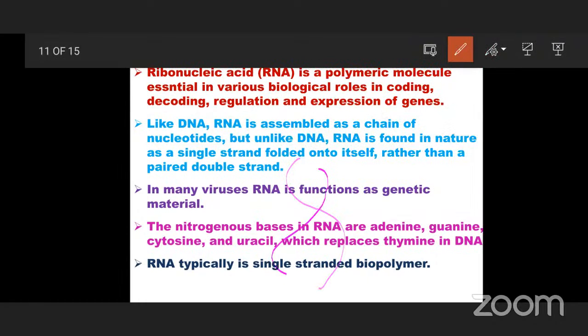DNA is present in a double helical structure, but RNA is present only as a single strand, which folds itself to appear like a pseudo helical structure. Basically RNA consists of only one strand, but DNA consists of two strands.